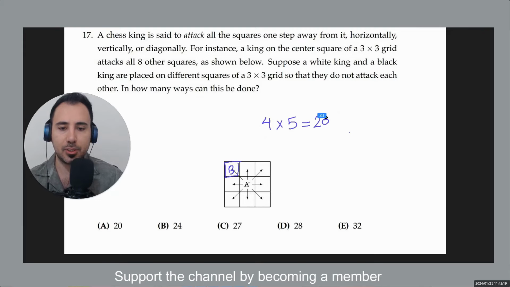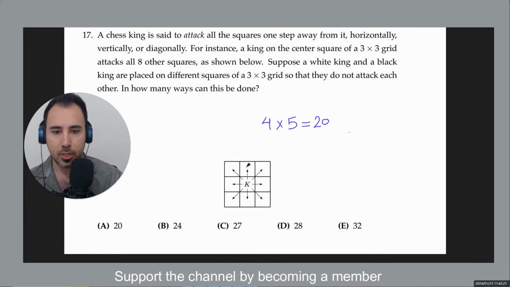And case 2 is what? See, in all the cases, B was in the corner. If I put B elsewhere, I'm going to have new arrangements. So if B is here, I'm going to have 3.